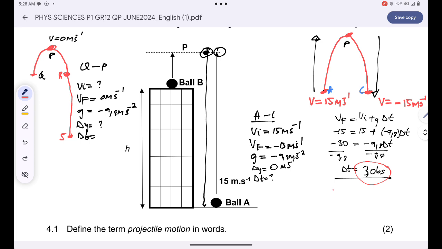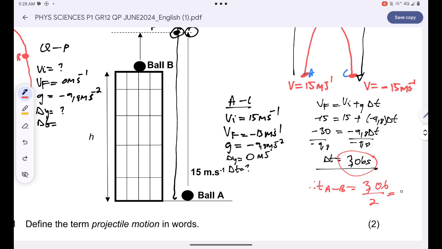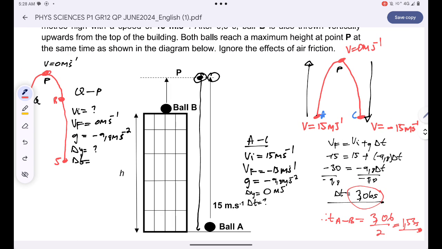For me to calculate the time it took for ball A to move from A to B, all I have to do is say 3.06 divided by 2, and this will simply give me 1.53 seconds. Are you together? So ball A reached the maximum height after 1.53 seconds.